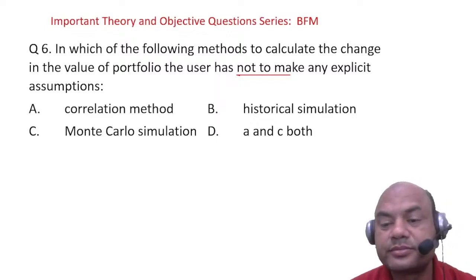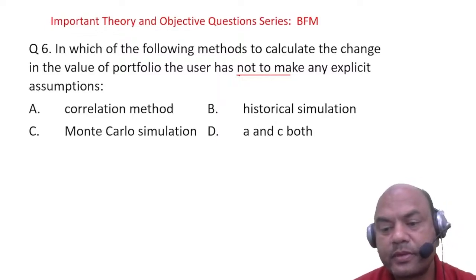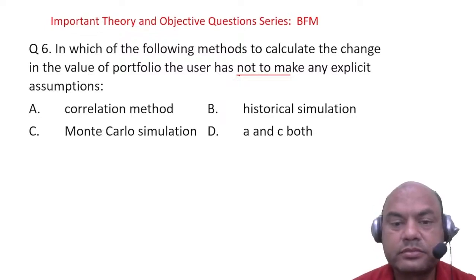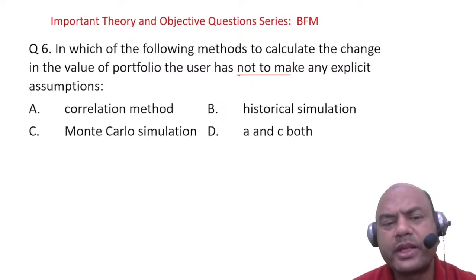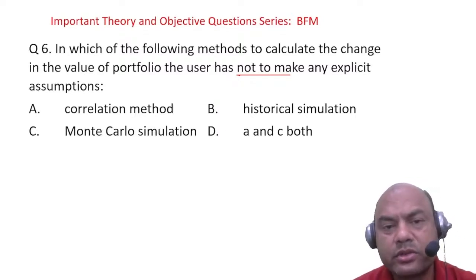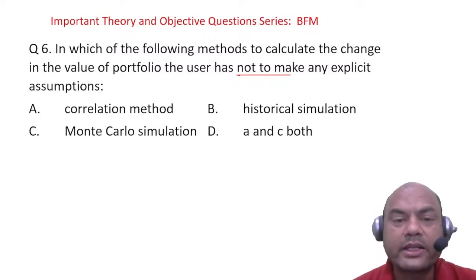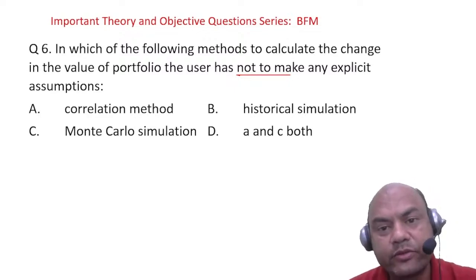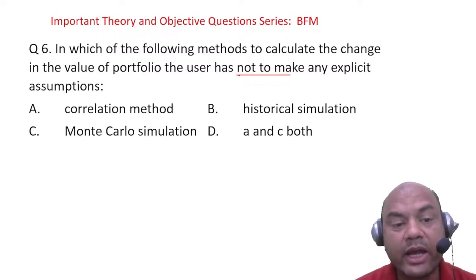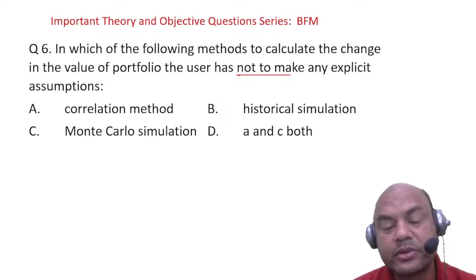Think over it now. The answer is very easy in this, and I give you the hint also. Whatever are the facts, use them. So where are the facts? In which method are the facts? Correlation, historical simulation, Monte Carlo simulation, A and C both.